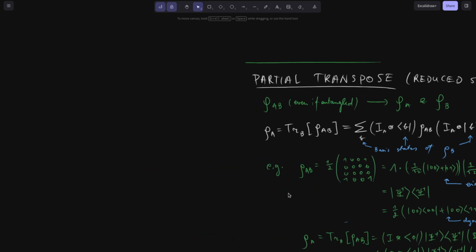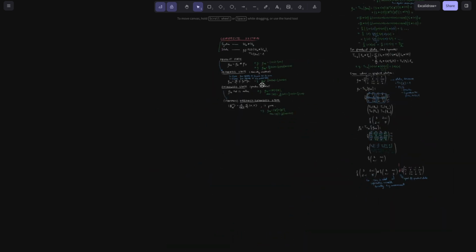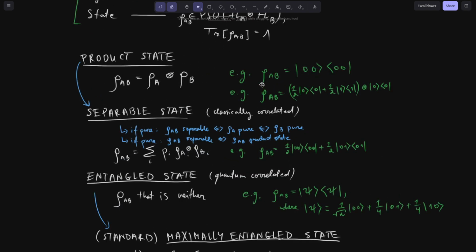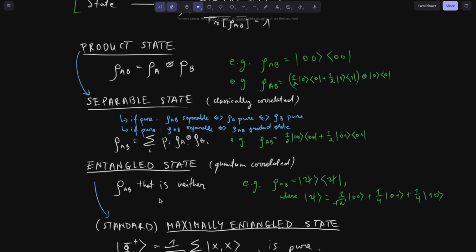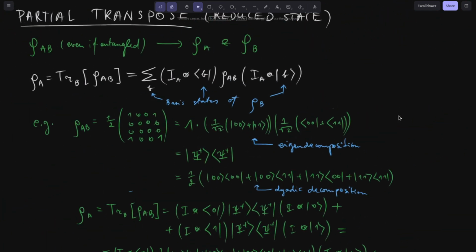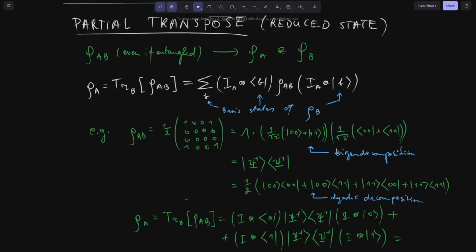If the state is a product state, then it's all okay. We just extract one of the system states. But if it's separable or entangled, which means correlated, then we lose information because of that correlation. We separate states and we lose the correlation.